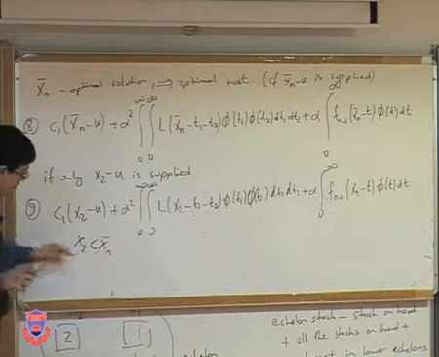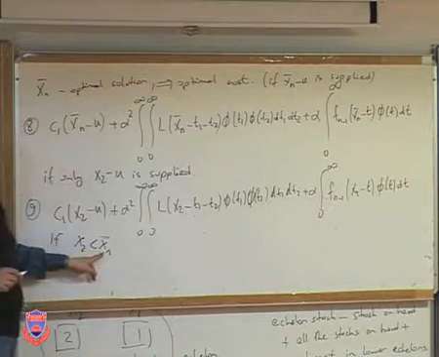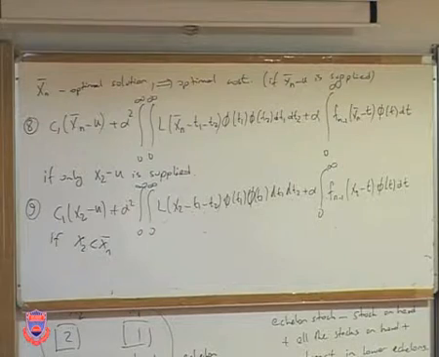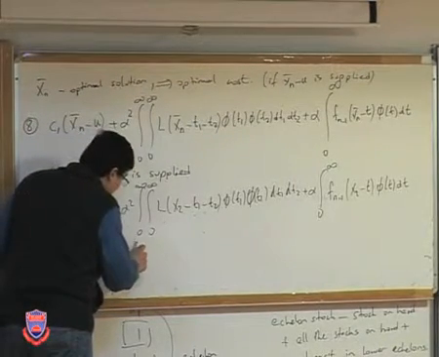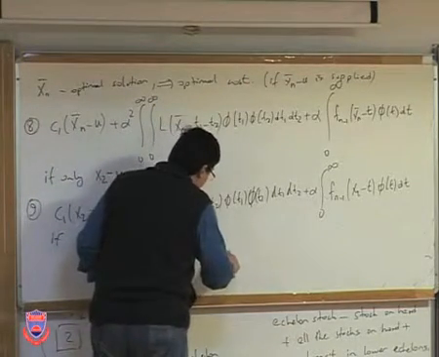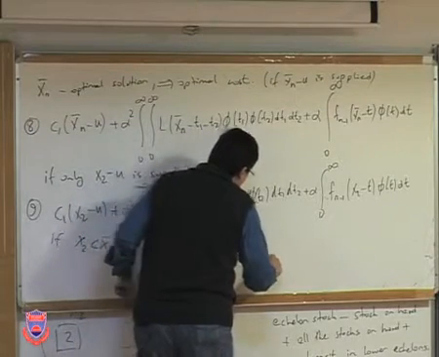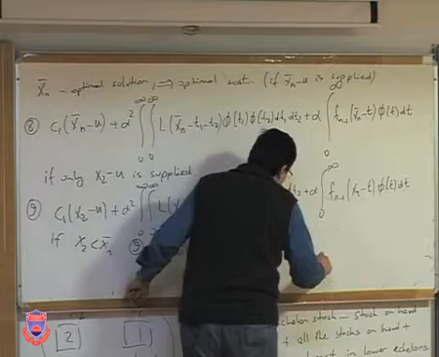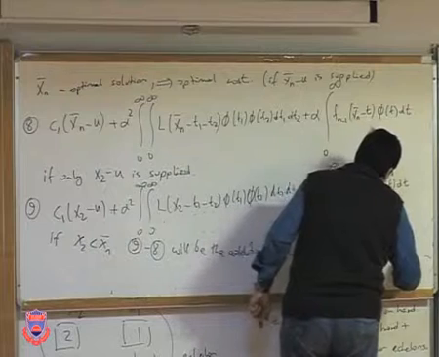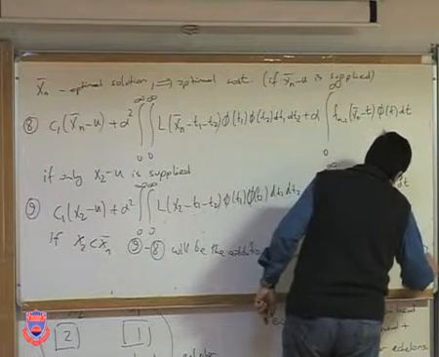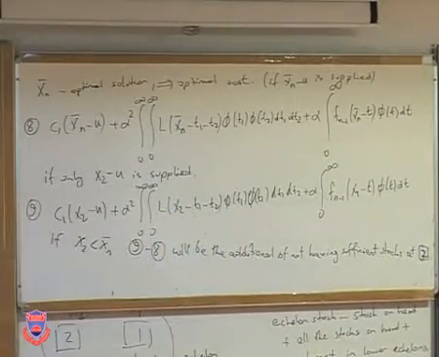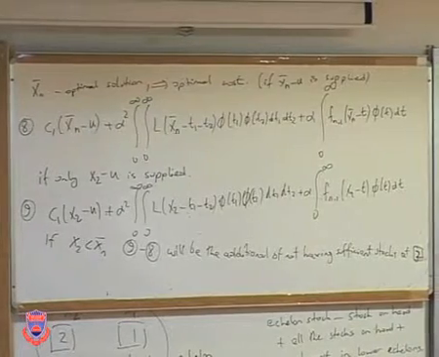Now, if x2 is less than x_n bar, in other words, the total amount available is less than what we want, then the difference between 9 minus 8 will be the additional cost of not having sufficient stocks at installation 2. In other words, you ordered, you want that quantity, you cannot receive.